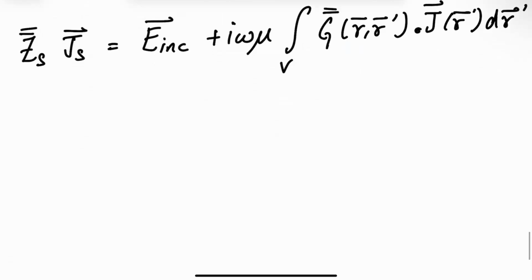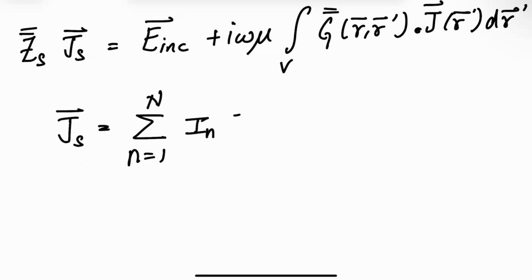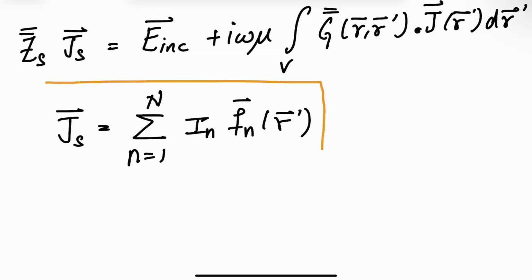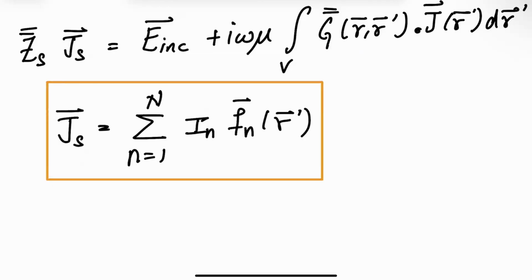Okay, so to solve this, what we do is we expand Js in terms of a set of functions, n equal to 1 to N, I_n f_n of r prime. Okay, so this is called a basis expansion, right?